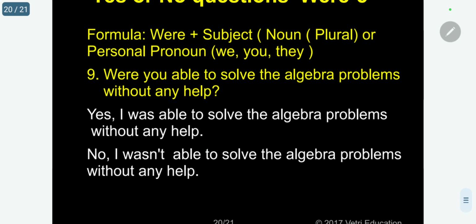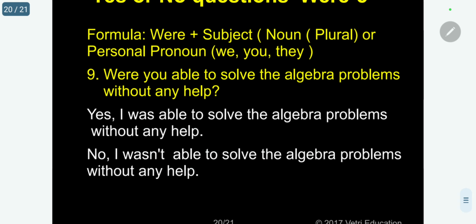Were you able to solve algebra problems without any help? Without any help. Here "you" is singular, so I use "I". Yes, I was able to solve algebra problems without any help.